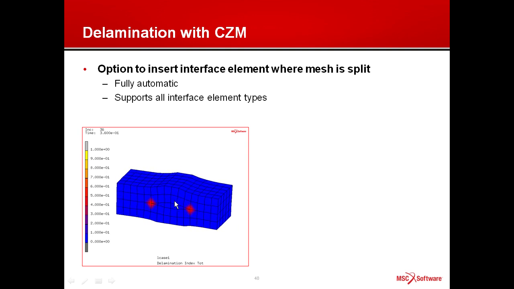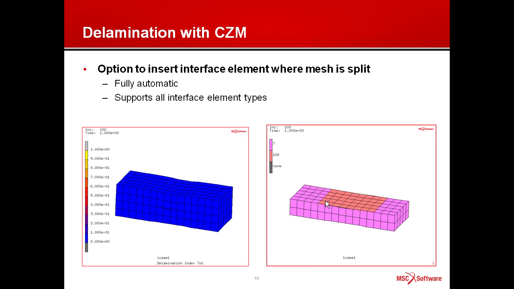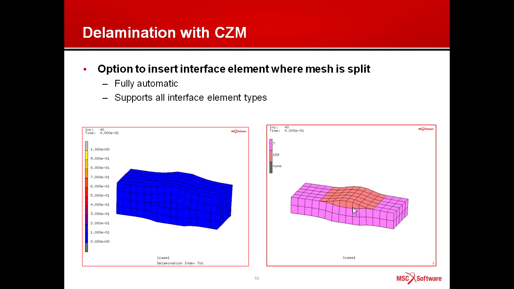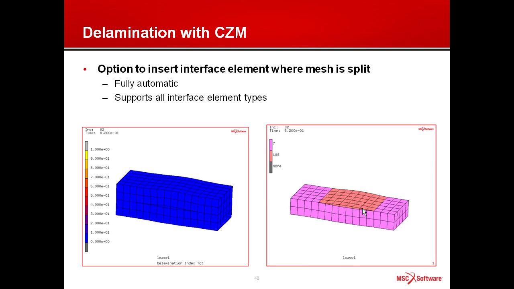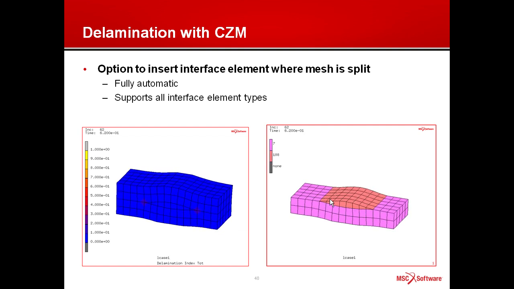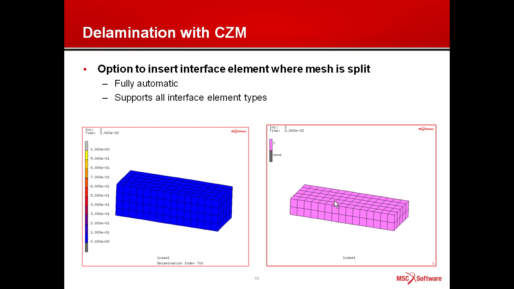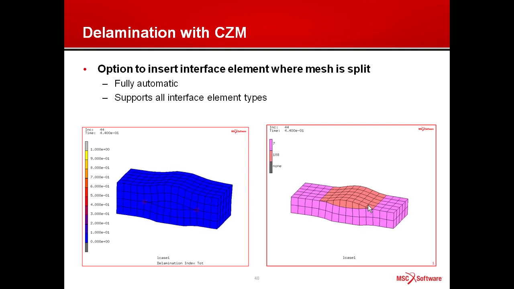But as soon as we split elements, we start to insert cohesive interface elements into that interface. In this animation, I have removed the upper half of the mesh to show you. Interface elements are inserted along the interface as delamination propagates automatically.